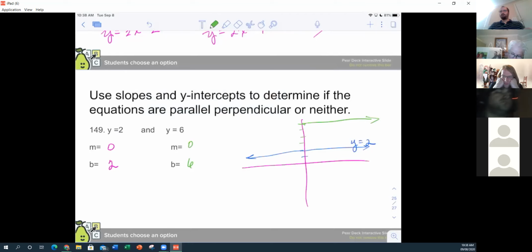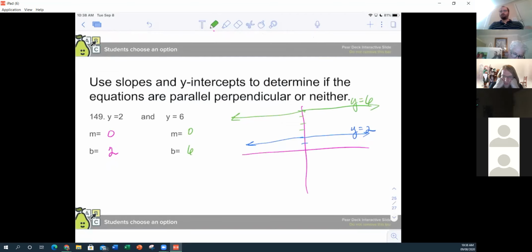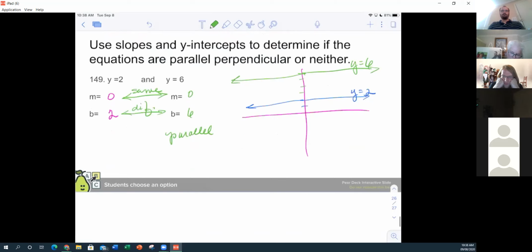Look like that. So these are parallel. And that's the end.